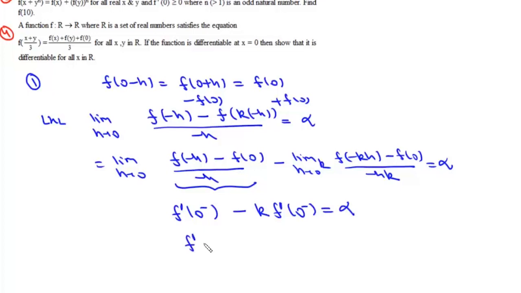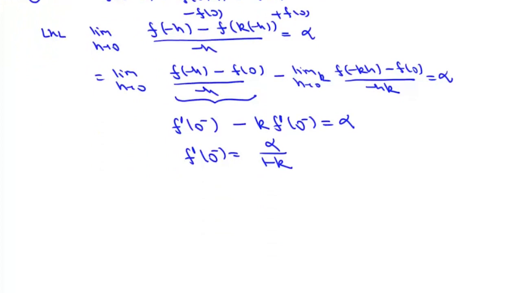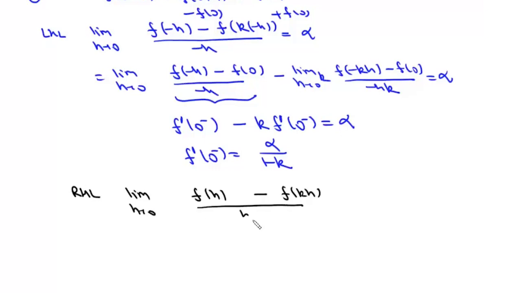So from here we can say the value of f'(0) negative is alpha upon 1 minus k. Then the same way we will find its right hand limit. Now for this right hand limit, we can write limit h tends to 0, f(h) minus f(kh) upon h.